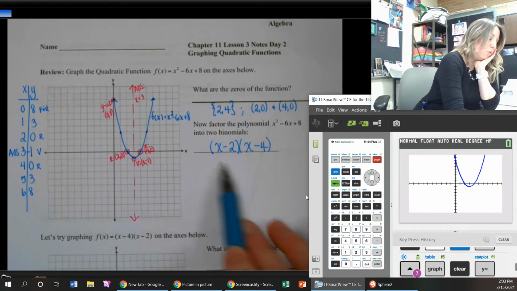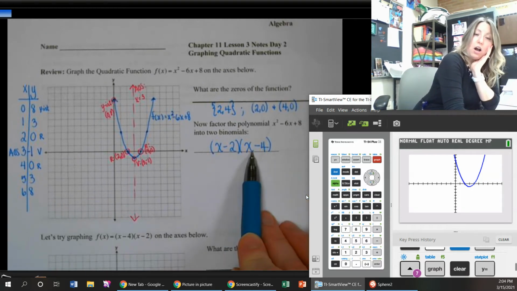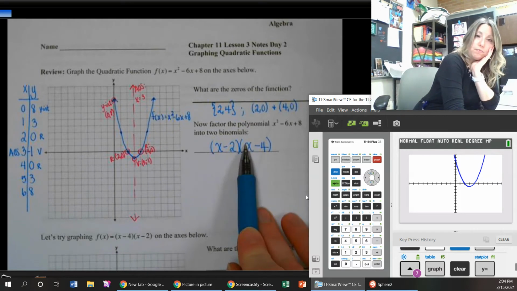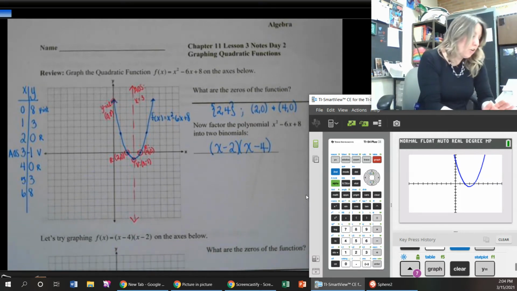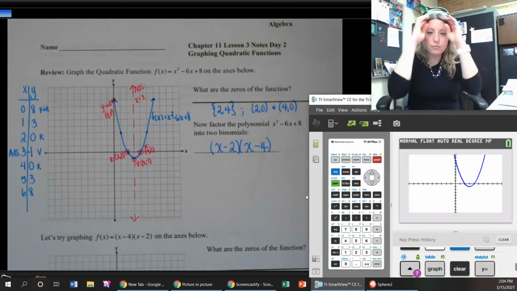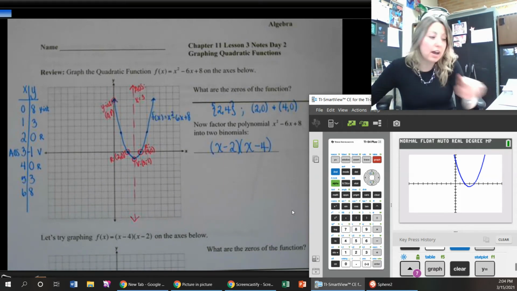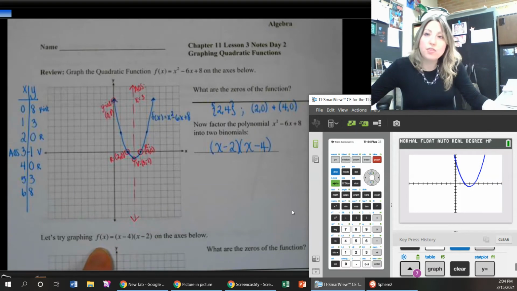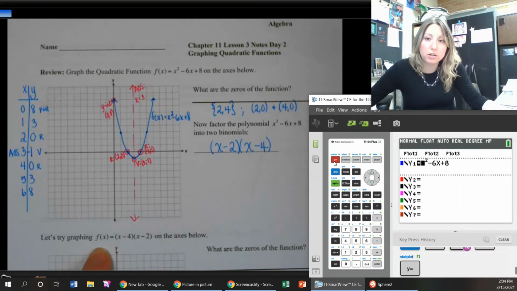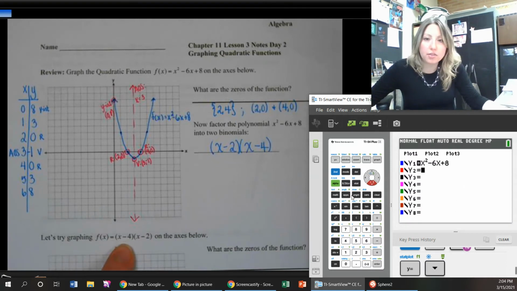So what if I took those and plugged those into my graphing calculator as the function? Look down here. That's what I'm going to plug in. So I'm going to press y equals, arrow down to y2, and plug this in.